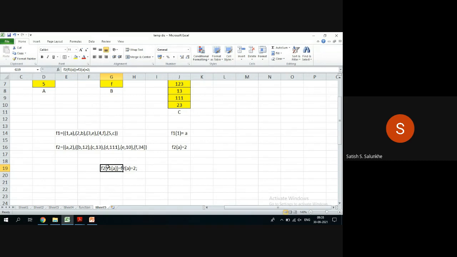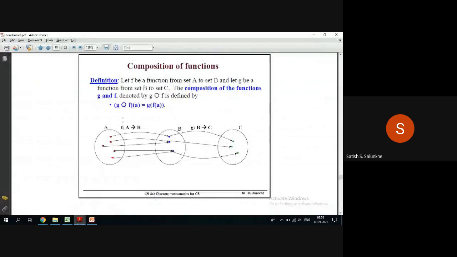Now how you will denote this format? It is denoted formally like this. g of f of a means first which function you are applying, then which function you are applying, then which function you are applying. So you are just going right to left. So first this function is applied, then these, something like that.